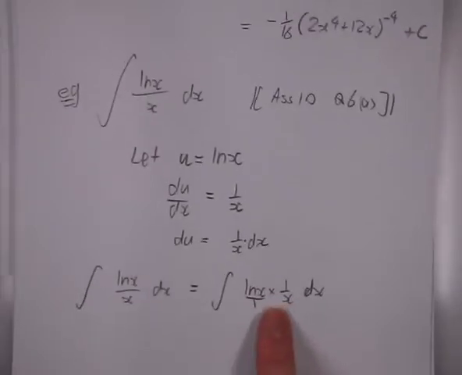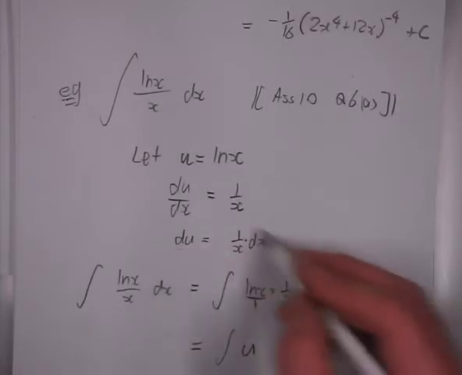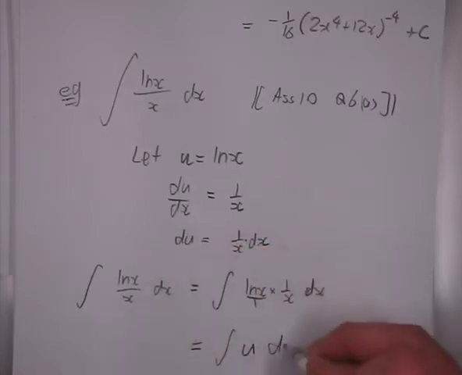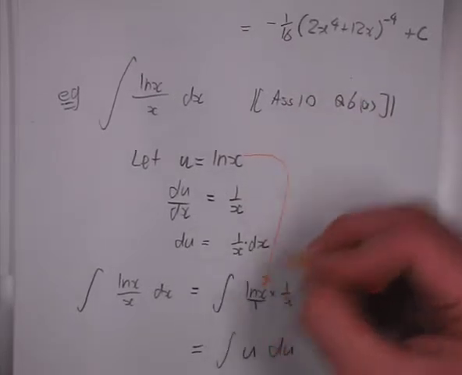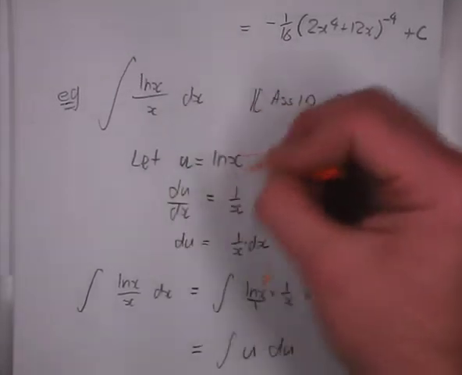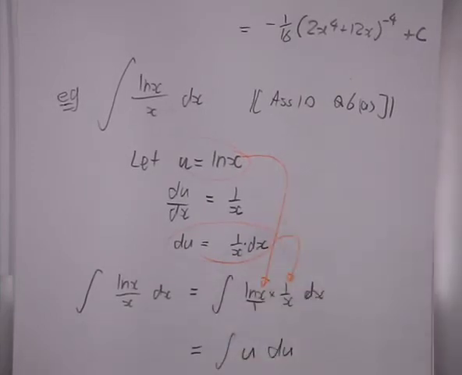That gives me the same answer. And so that means that the ln x is u, and the 1 on x dx is du, because that's this part here. So that goes there, and that goes there.